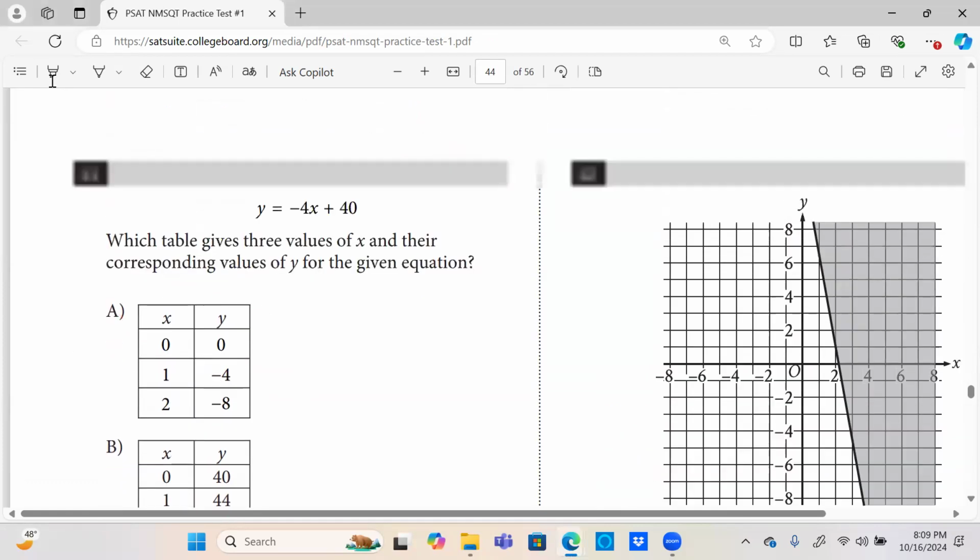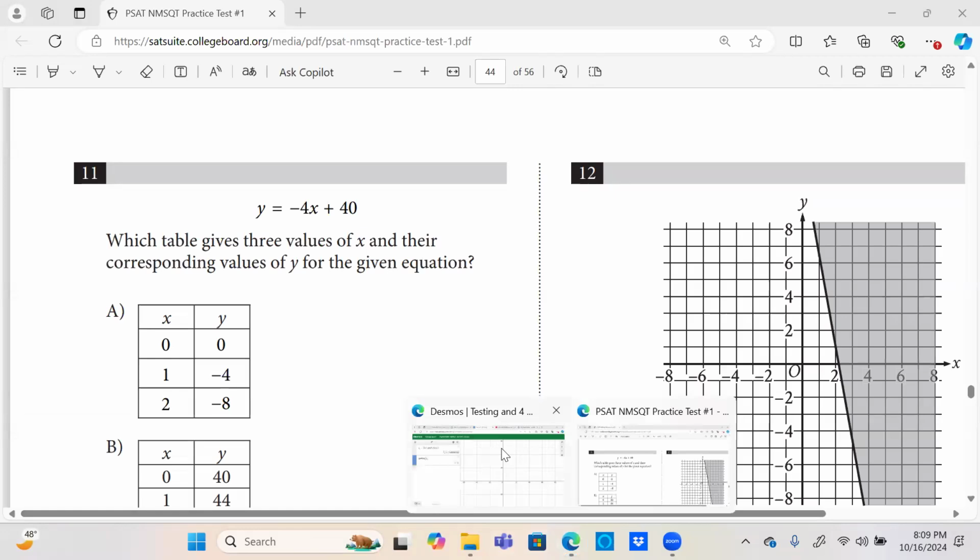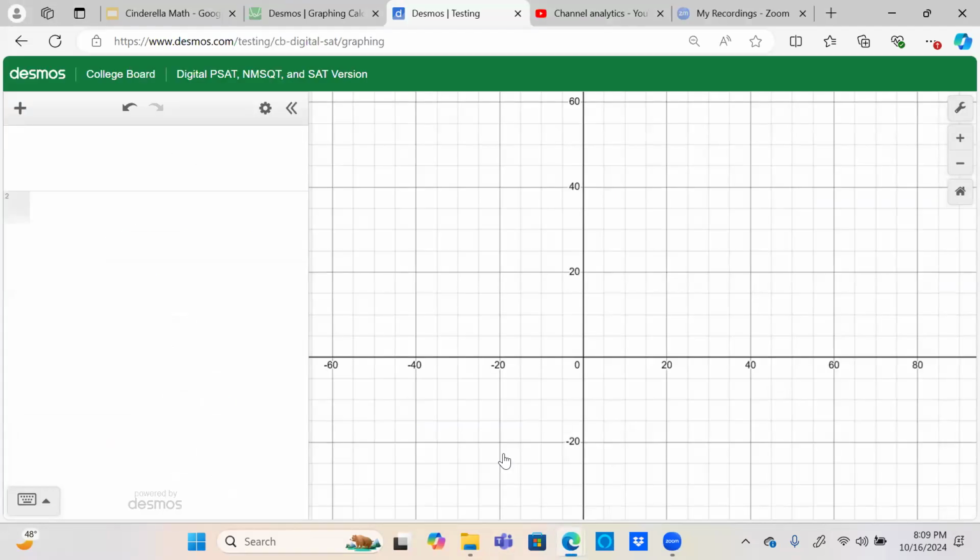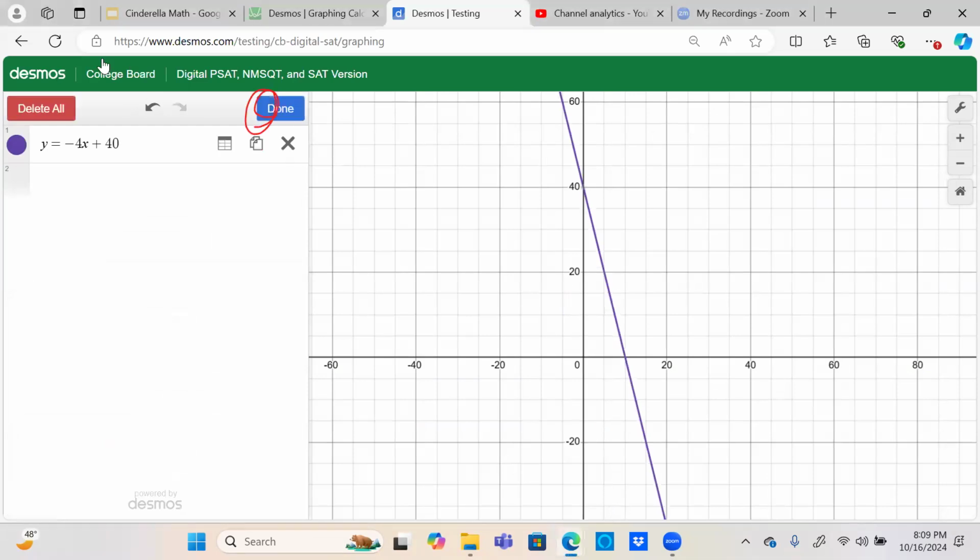Let me show you how to do that in Desmos. So that equation was y equals -4x plus 40. And then you're going to click this little cog right there and click the table, like the XY chart.